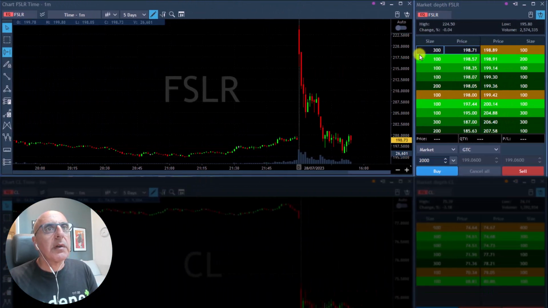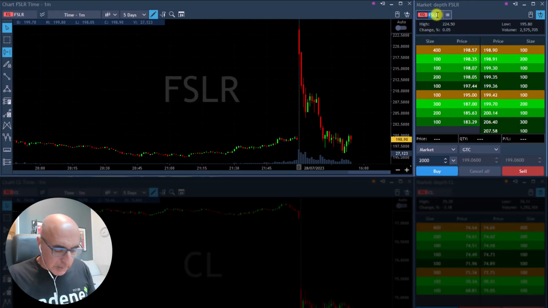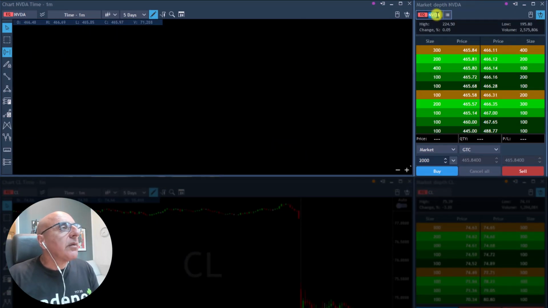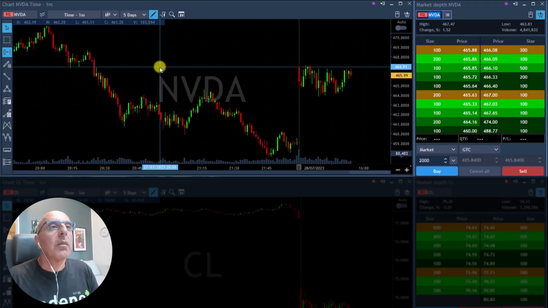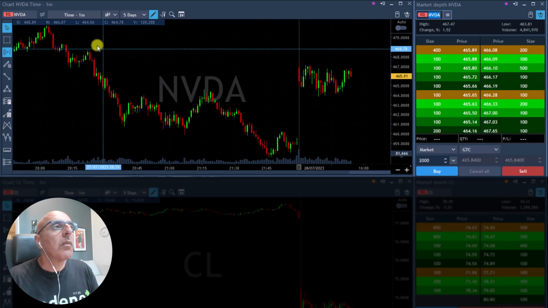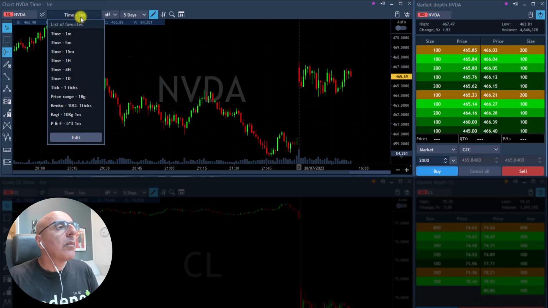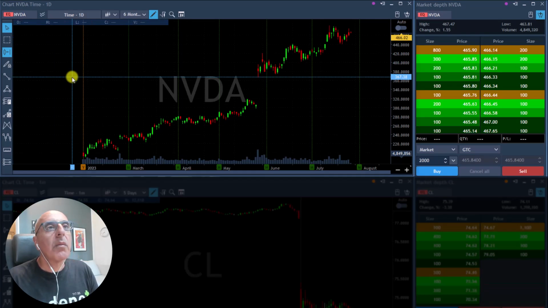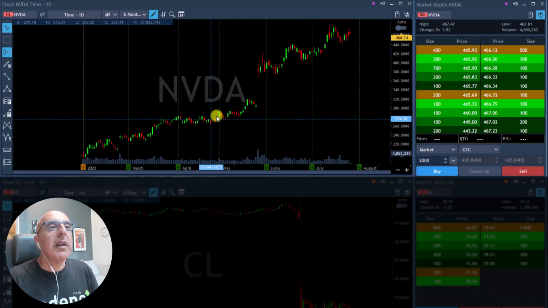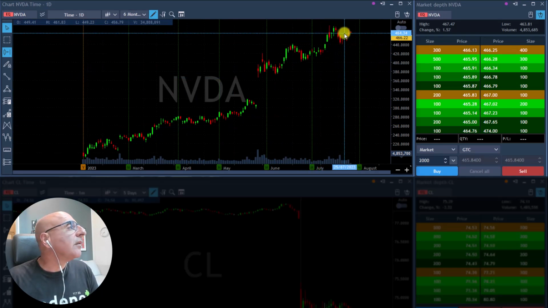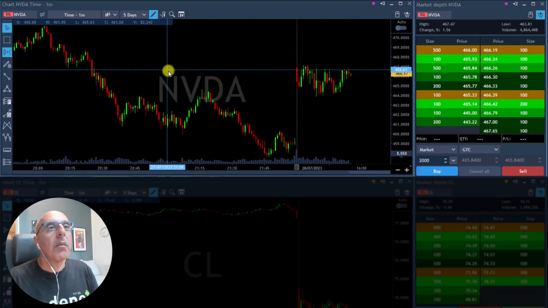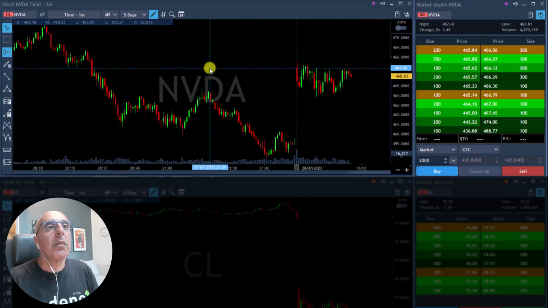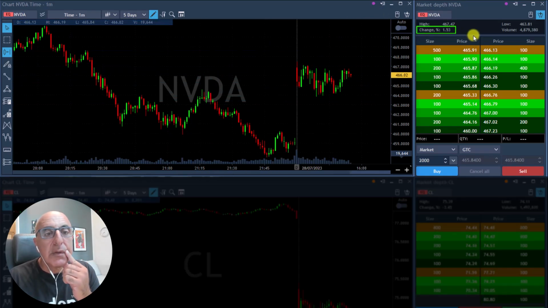Nvidia is looking quite interesting. But the market could be too extended to the upside right now. Nvidia is a nice daily. It's uptrending beautifully. It's up today 1.5%.